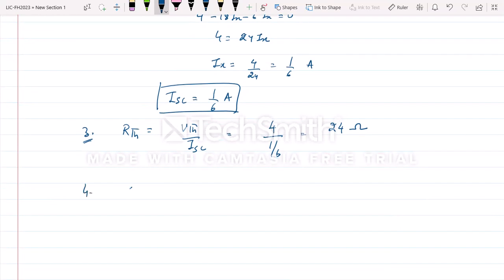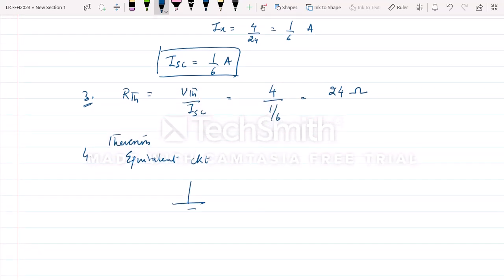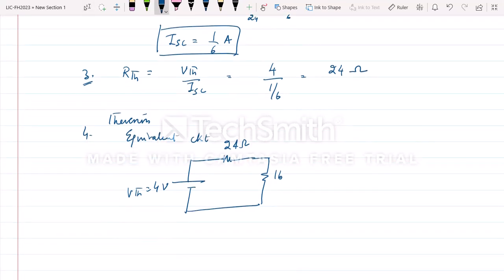Now the fourth one is the equivalent circuit, Thevenin's equivalent circuit. So that says this is VTH, 4 volts, right? Then RTH, that is 24 ohms, and then we have to bring back the resistor which was there, that is 16 ohms. Now we want to find this current.